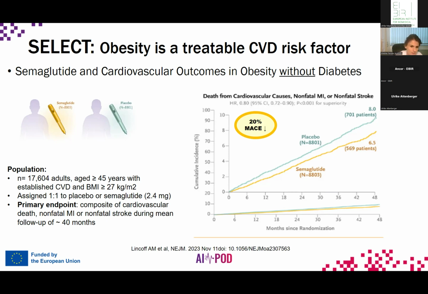And these data are a major advance for preventive cardiology, right? And why is that? Well, these data indicate for the first time that obesity is not only an independent cardiovascular risk factor, but it turns out that it is a treatable cardiovascular risk factor by efficient weight loss medication.